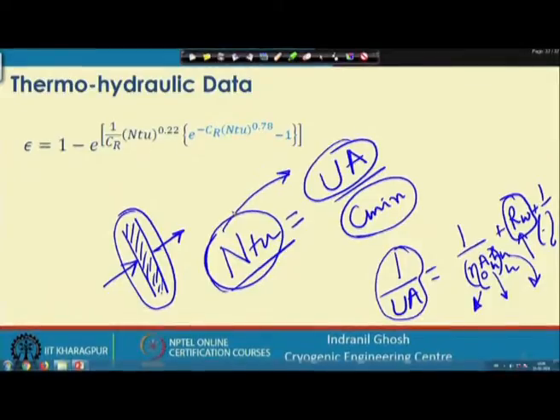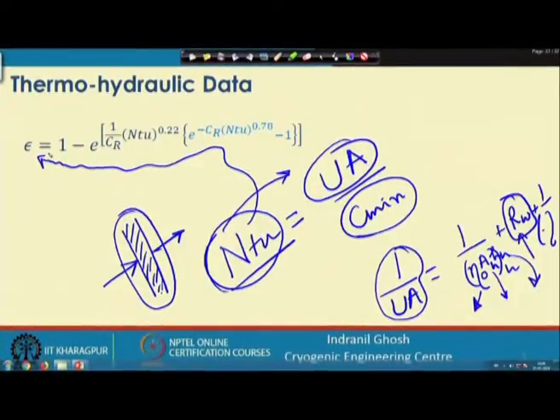Once we know the NTU, we know from this relation what is the epsilon. Epsilon is related to the inlet and exit temperatures, so we can easily calculate the exit temperature. And when we know the exit temperature, it is not difficult to find the heat duty from m Cp delta T for the hot and cold sides.